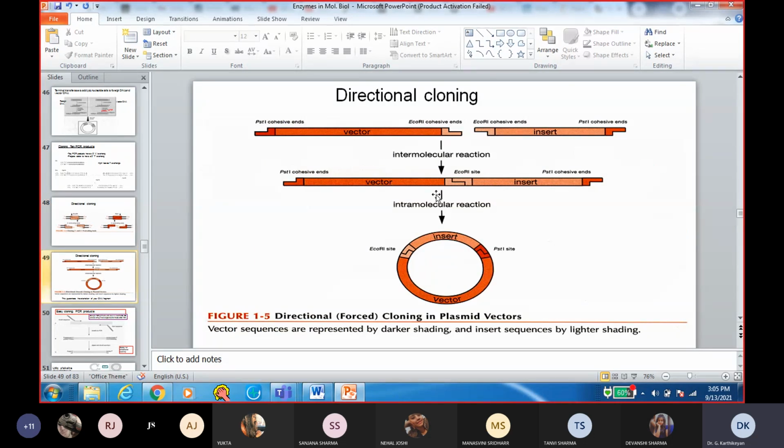Typically you force it such that the vector and the insert get ligated. This is also called directional or forced cloning.